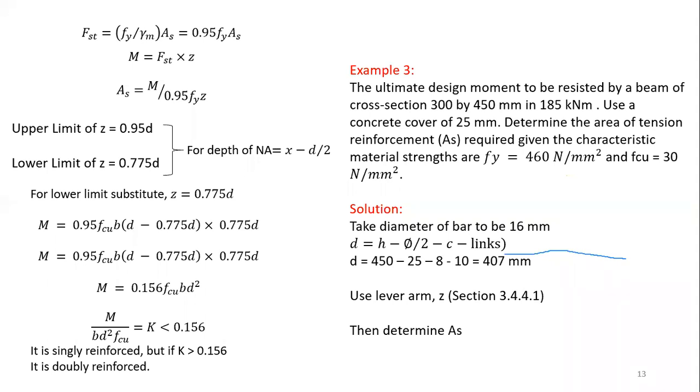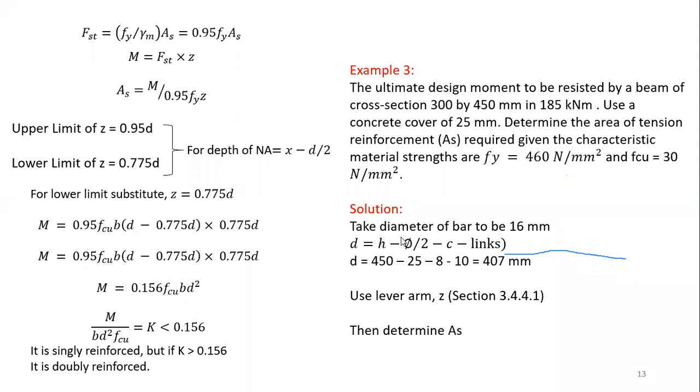For the exam case, it may be given to you, but for your design, in practice, you are the one that decides, okay, should I try 16 mm? If the 16 mm doesn't work very well, you may decide to increase the size, maybe to 20 mm. Or if it is too much, you may decide to try again with 12 mm. Definitely, there is no 14 mm bar.